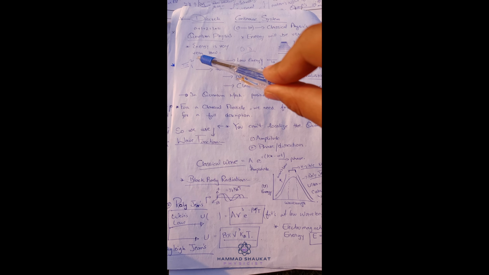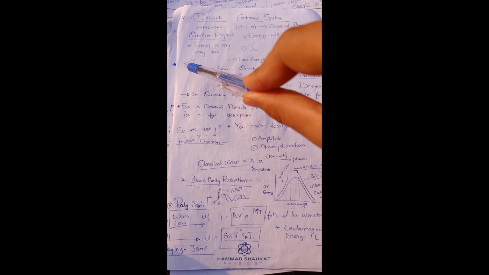Discreteness means fixed values, fixed states, either 1, either 2, either 3, either 4, and so on, but not 1.5 or 2.5 between 1 and 2. If there are fixed states like 1, 2, 3, 4, this is discreteness basically.